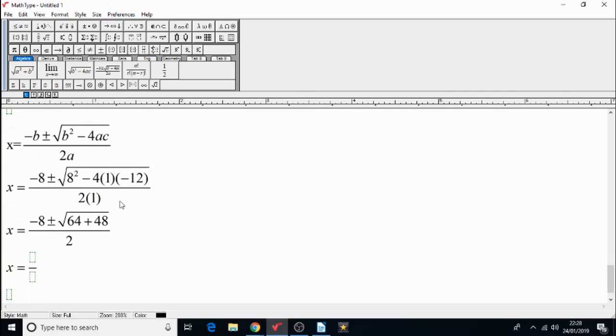Let's undo this. Minus 8 plus or minus the square root of 64 plus 48, that is 112. But that will have to be simplified, so we're not done. Divided by 2.